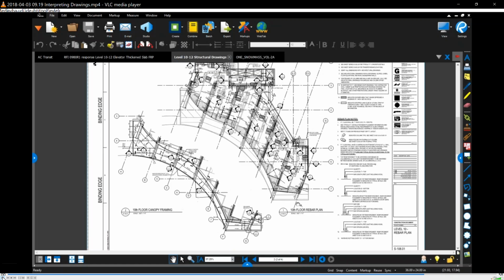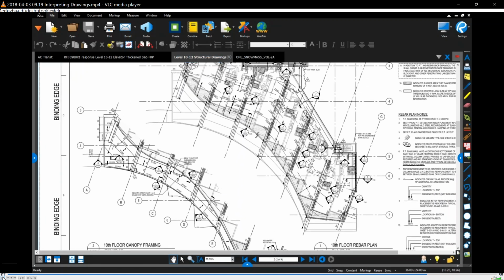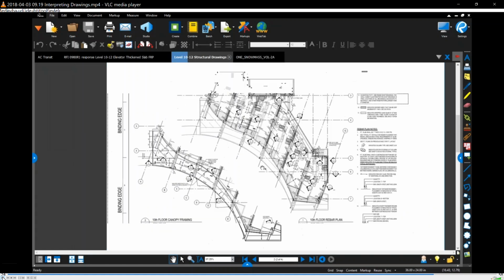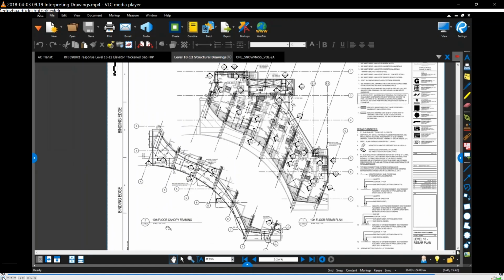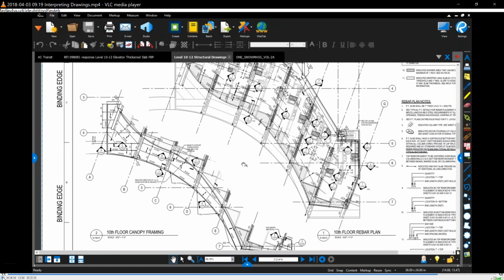Actually, this particular one has a 10th floor rebar plan, and then it's got some framing at the canopy, so I believe this is the rebar plan for the main portion of the building, and then this is a canopy that probably is over a porch or patio, maybe. I'm not exactly sure what floor level this is compared to this. Maybe it's the same elevation.